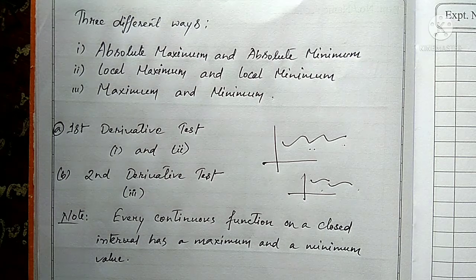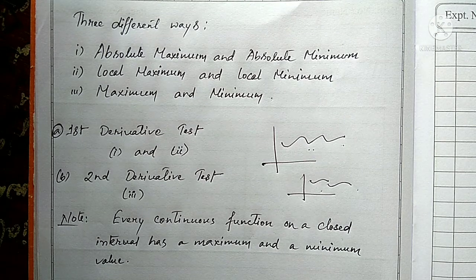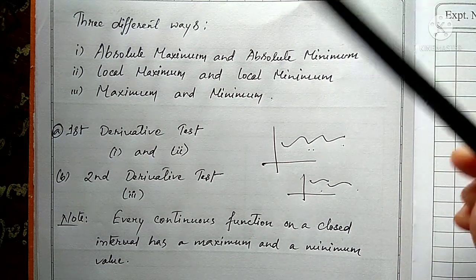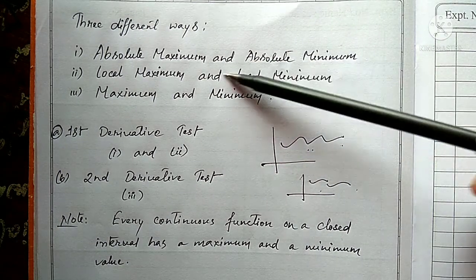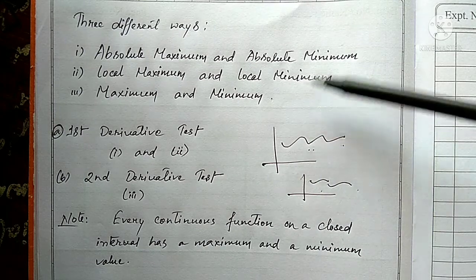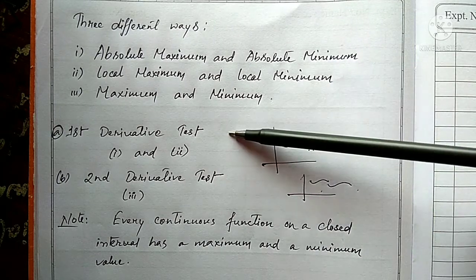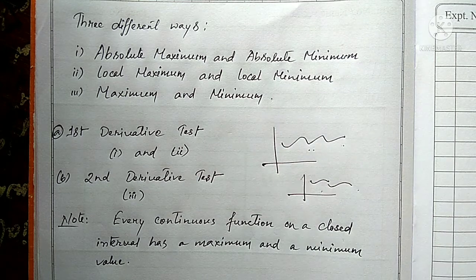So we get the maximum value and minimum value when a function is given with a closed interval. If a range is given as a closed interval, then obviously we get a maximum and minimum value there. Is it clear? That is the meaning of this. So today we discuss the different ways. The three ways are absolute maximum and absolute minimum, local maximum and local minimum, and maximum and minimum. The first two topics are under the first derivative test, and the third one is under the second derivative test.